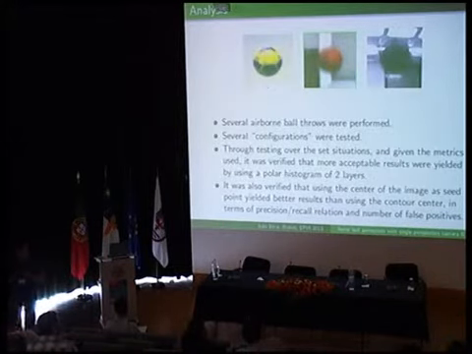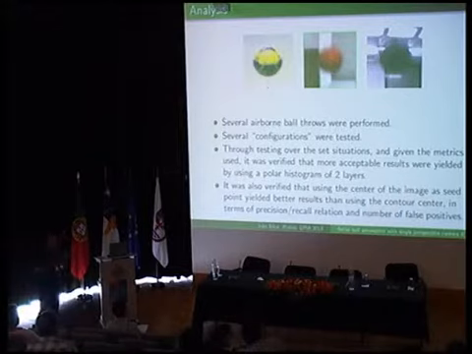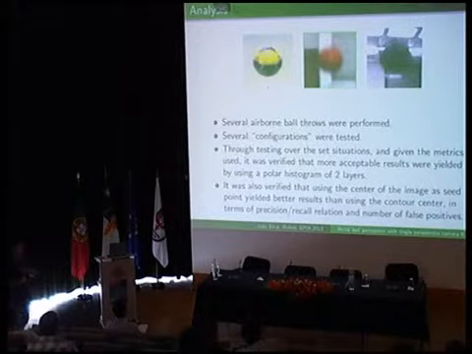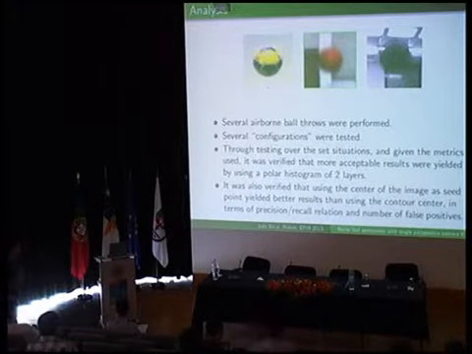To test this evaluation, I've already showed you a screenshot of the scenario, but we tested it in several scenarios, with several balls, in several configurations, to try to discover which parameters were better for the results that we intend to get.